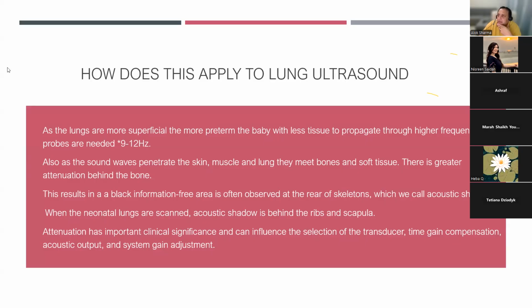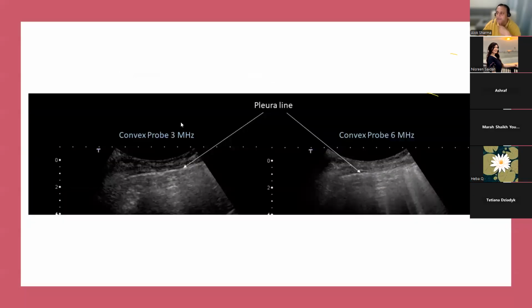Again, just the concept of frequency and amplitude. This is just an example of using a probe in an adult to see the lung, and this is one intercostal space. This is basically a longitudinal view.